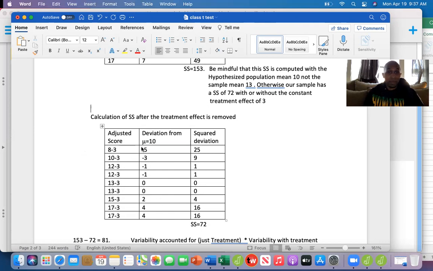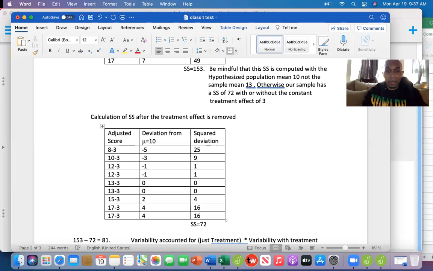Okay, so you're going to subtract 3 from every score, and then from that, you have a score that you would then subtract the hypothesized population mean of 10 from. So how does that work?